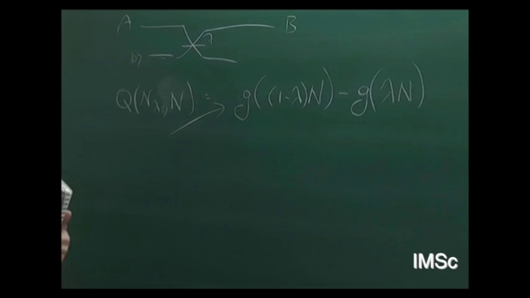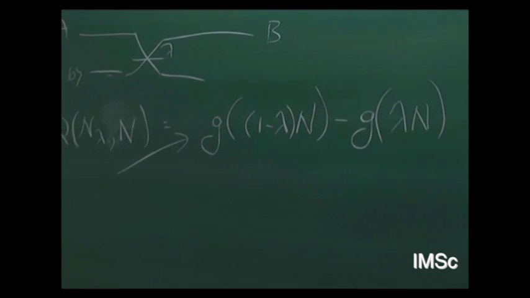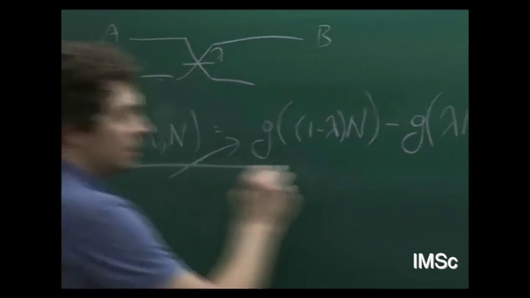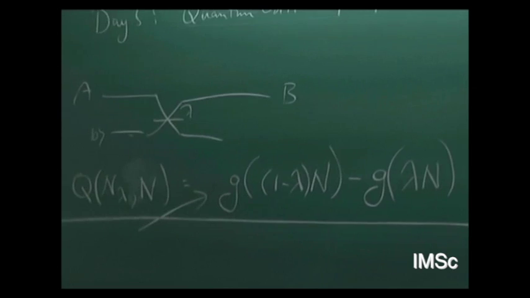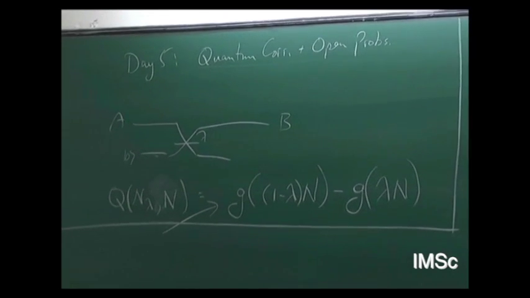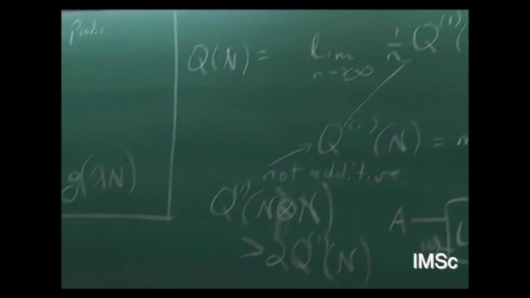this channel actually has a particular special form called degradability. So I'll just give you a definition and a quick proof that degradable channels have additive coherent information, because I think it's very nice. So what is a degradable channel?